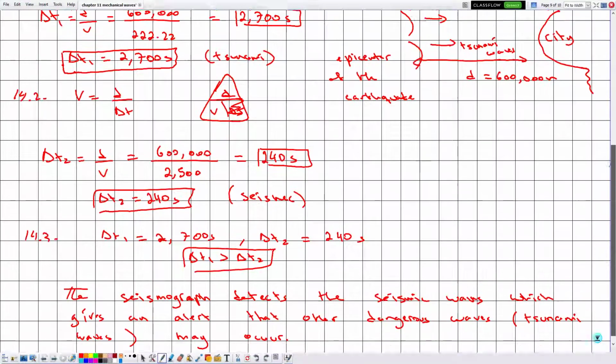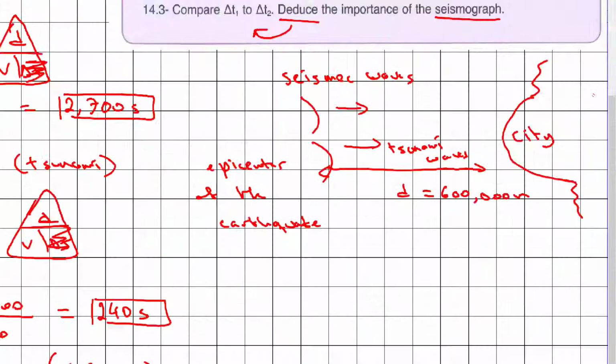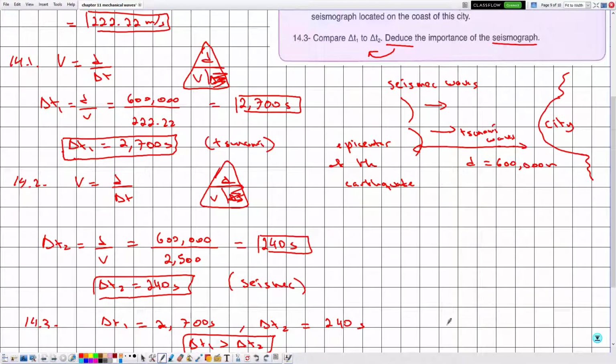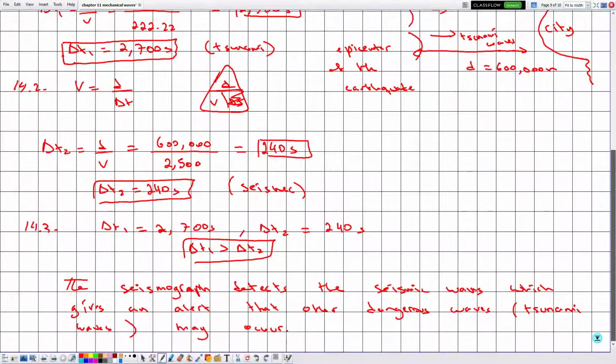So the thing is that people here will first feel the seismic waves. After 41 minutes, they will feel the tsunami waves. Okay, now in this time interval, which is 41 minutes, I think this is enough for people to take some precautions before tsunami waves happen, although they are very dangerous.